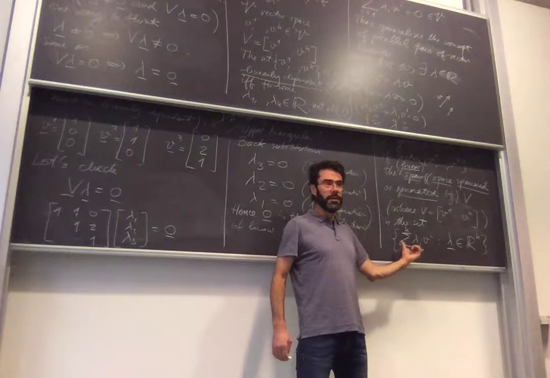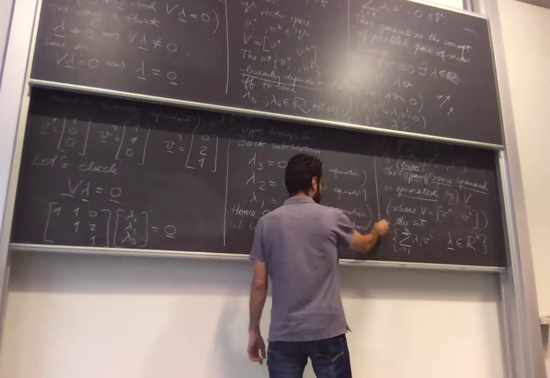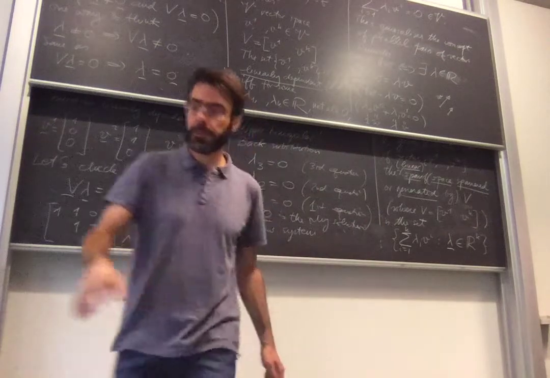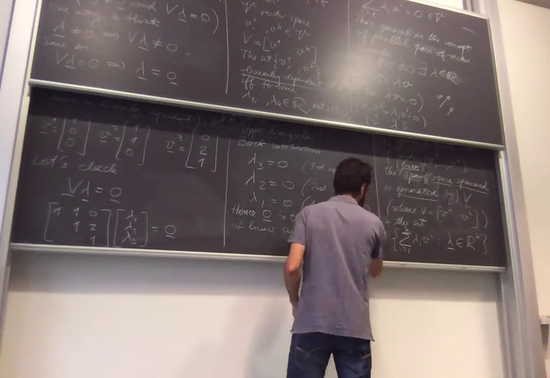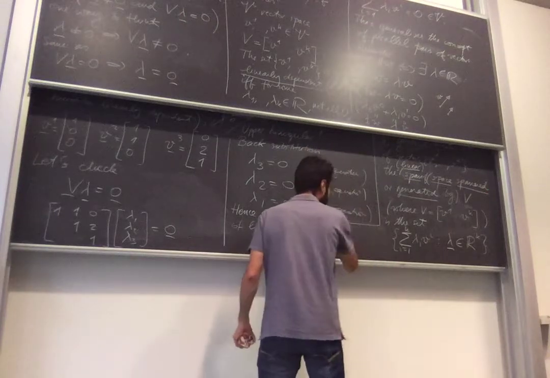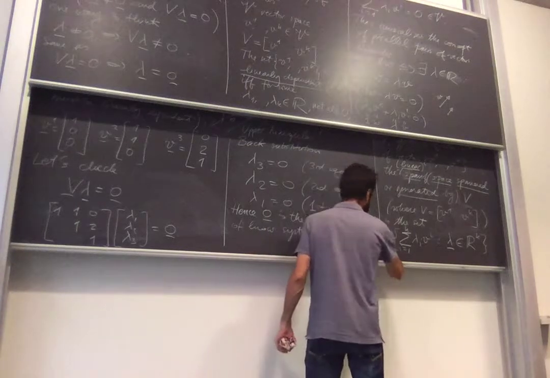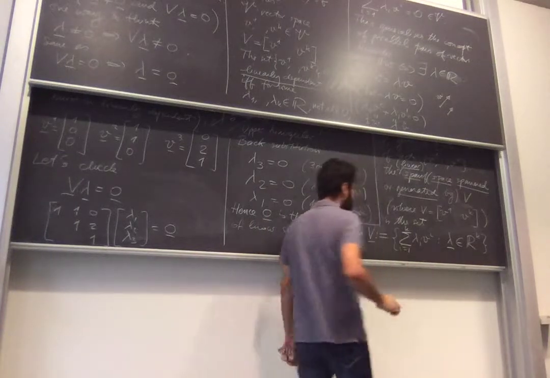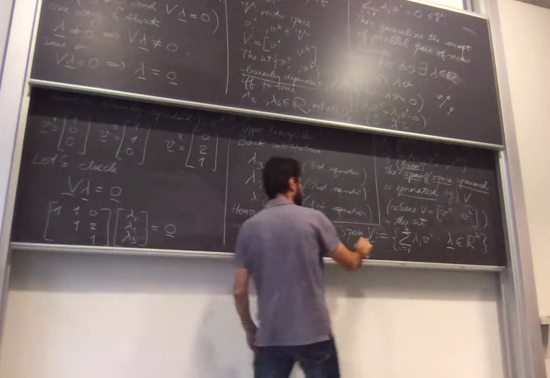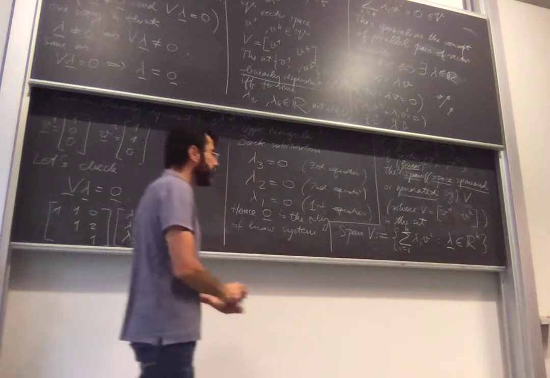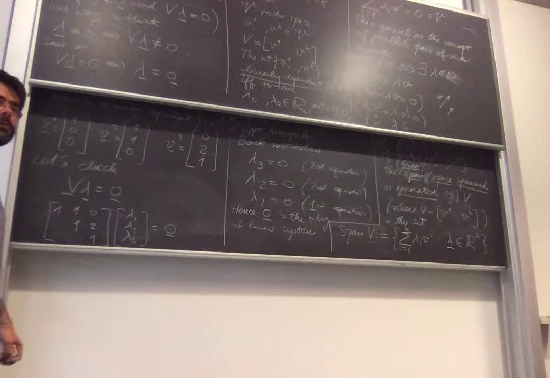This set here is called the span, and there's also a notation for that, which is span of V. The span of V is the set of all those linear combinations.